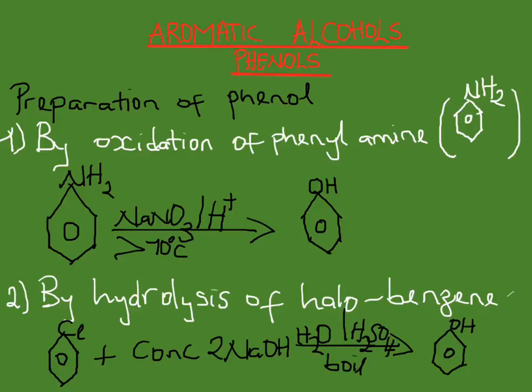And also by hydrolysis of halobenzene, for example chlorobenzene, reacting with concentrated sodium hydroxide in the presence of water and sulfuric acid being boiled, is going to yield us phenol plus sodium sulfate and hydrochloric acid.